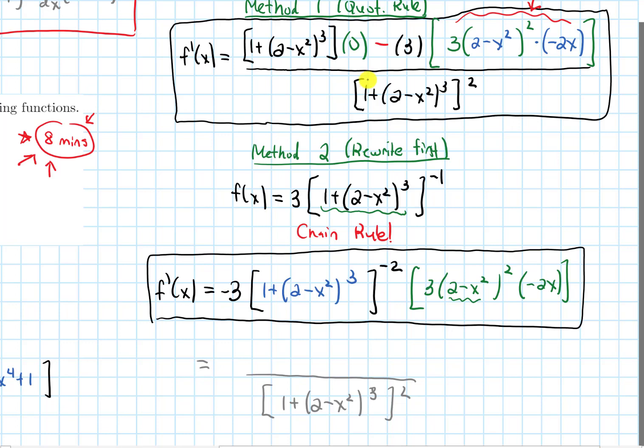And if I look at the remaining terms that I have, it is exactly what I had from method 1. But for practice, let's multiply them. So let's see, negative 3 times negative 2x, that is going to give us positive 18x. And then I'll still have that 2 minus x squared being squared.